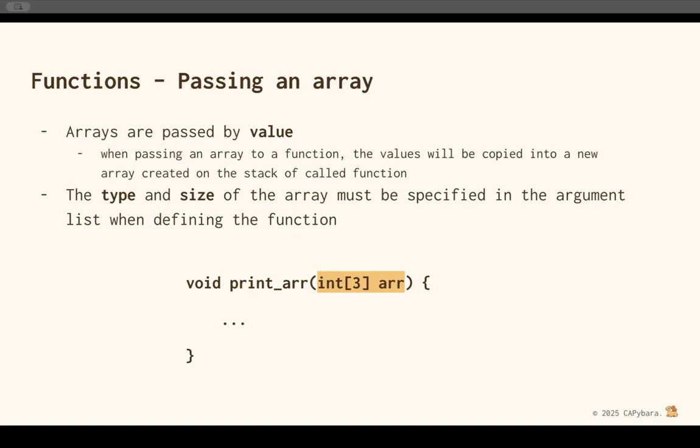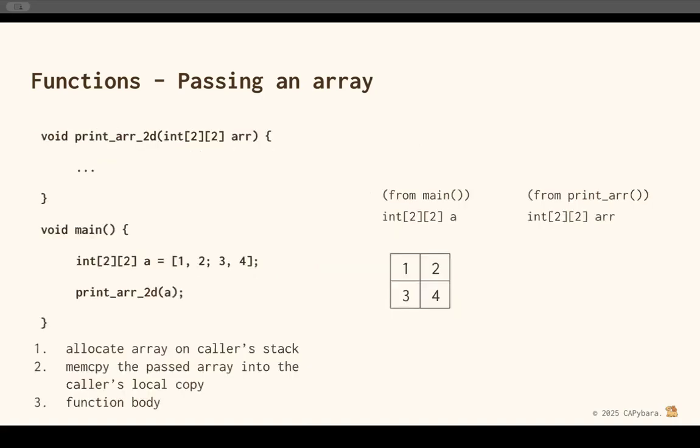One thing to note is that the data type and size of the array must be specified in the argument list when we're defining the function. So this does mean that you cannot pass or return arrays of an unspecified size. The reason we need this is because we must know the type and size of arrays during compile time. This is definitely different than C, where all arrays decay to a pointer to their underlying type.